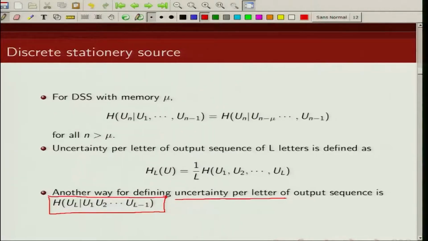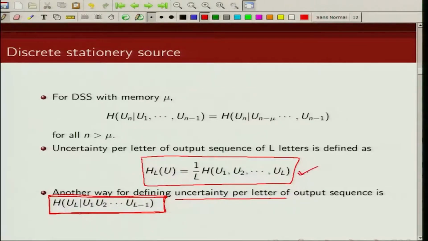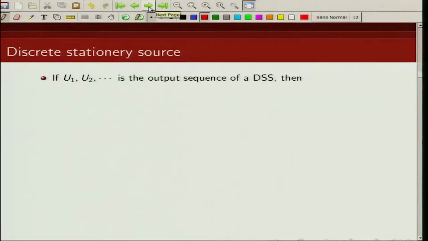So there are two ways to describe the uncertainty per letter for a discrete stationary source. Now we are going to prove some properties of these two measures, and show that when L goes to infinity, these two are the same.